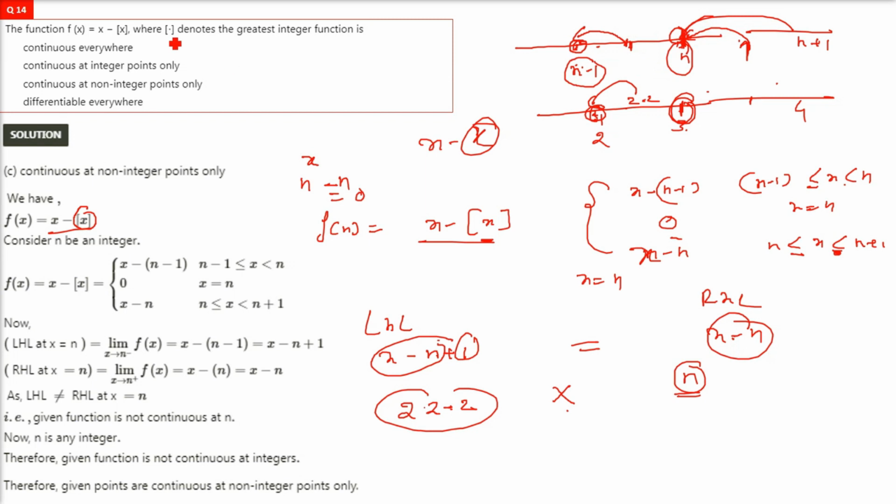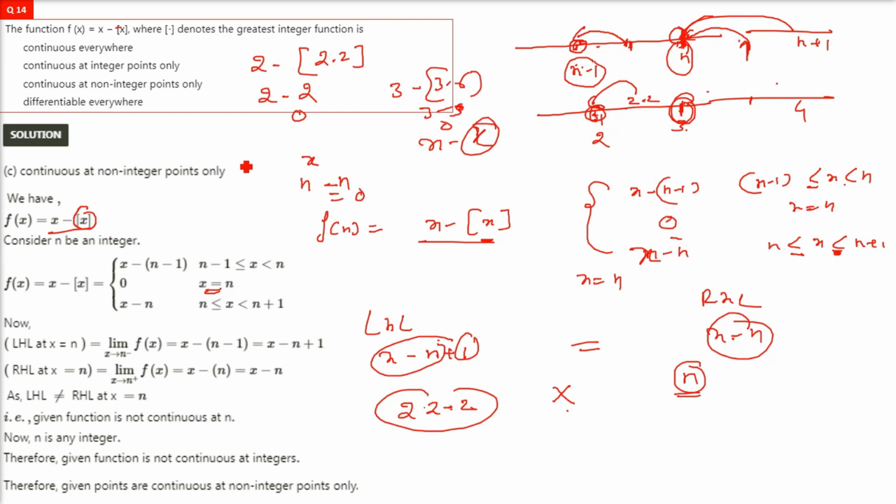So this function is only continuous at non-integer points, and it is discontinuous at integer points. Because of this greatest integer function, it is very clear that it is continuous at non-integer points but discontinuous at integral points, which is n, which we showed taking x equals n.